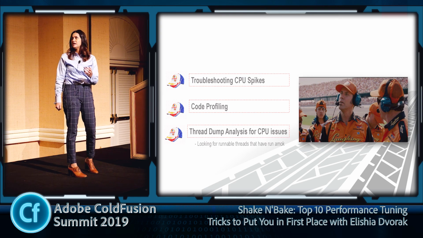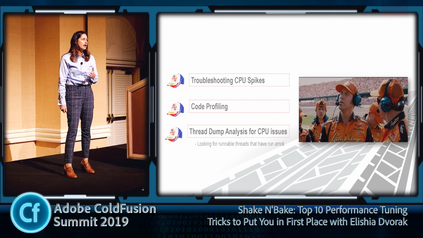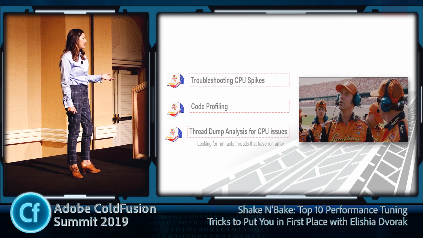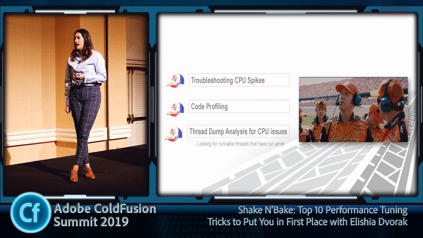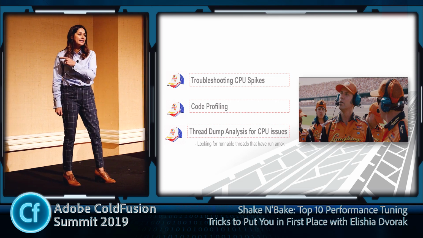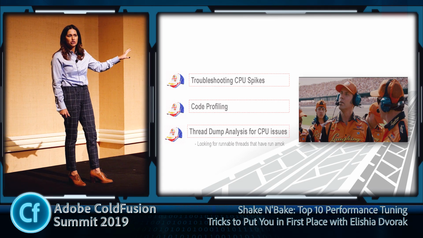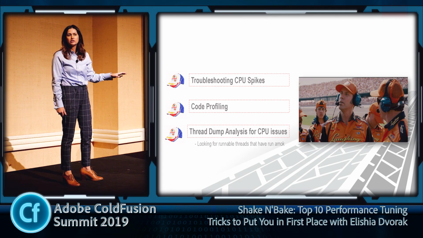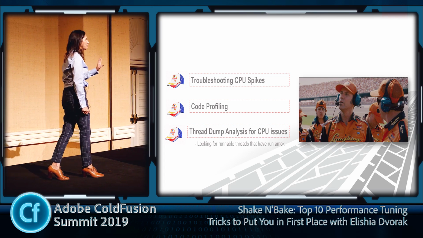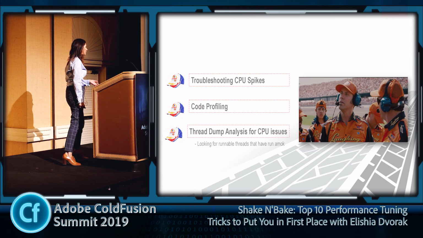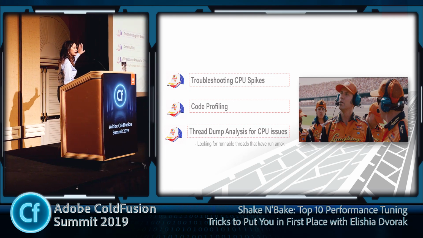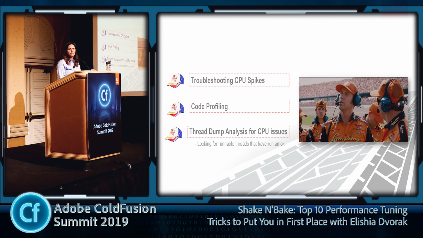If it happens to be in the ColdFusion server, we've got a lot of capabilities here to help you find out what that is and what you want to be looking for. Code profiling is one way to find out too. That's the profiling tool I just showed you. I showed you the memory, but you can also enable a code profiler that allows you to get that same code flow stack, right?